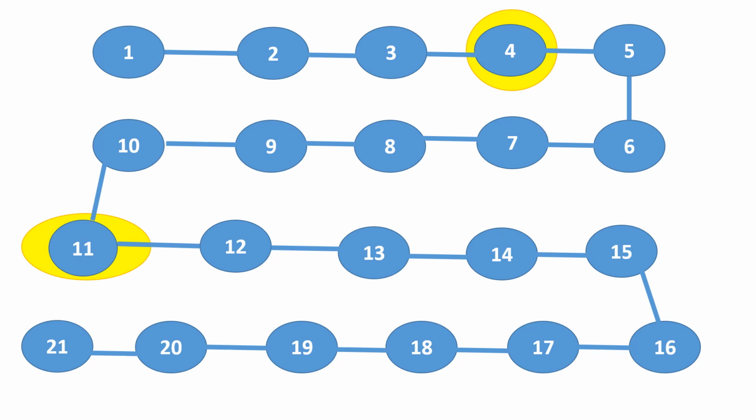The second number is going to be 4 plus 7, which is 11, and from there you add 7 again to get 18. So that's how you get the third value to be chosen.